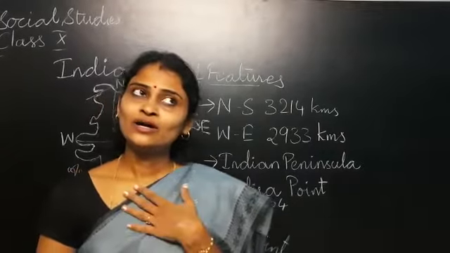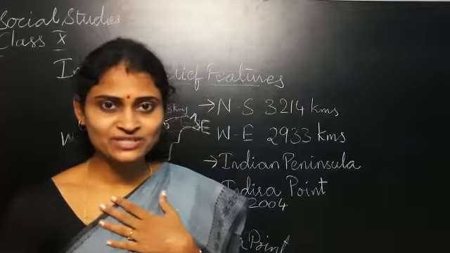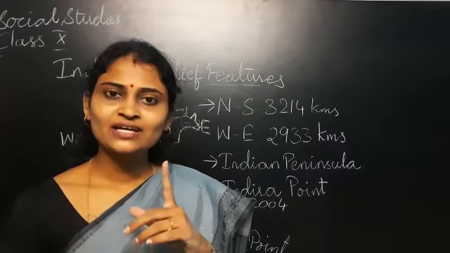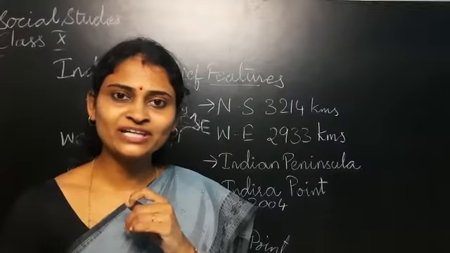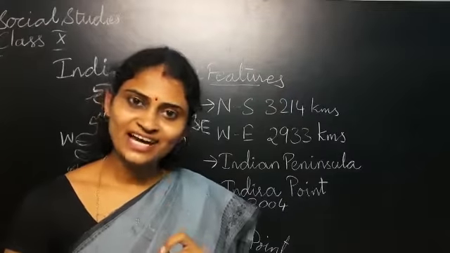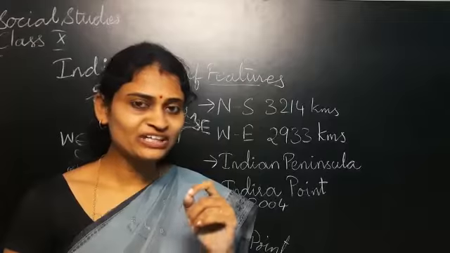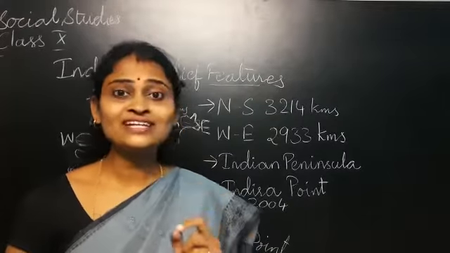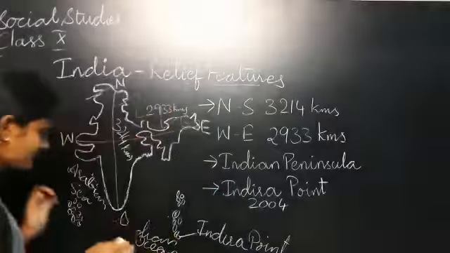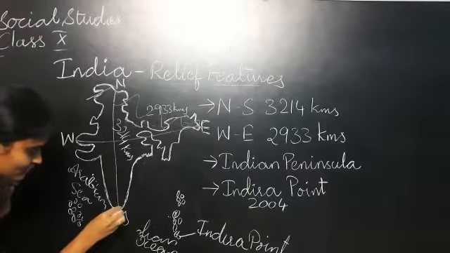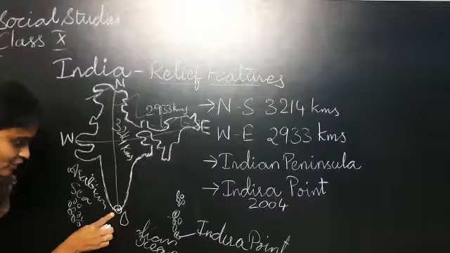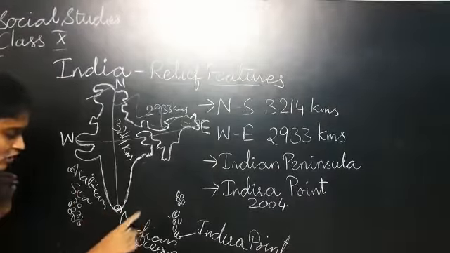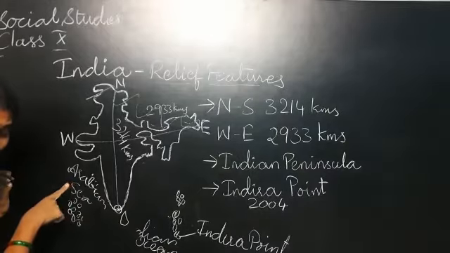Children, coming to me, I would like to visit. First you answer my question. What is the southern tip of India? Yes, Kanyakumari. The southern tip of India is Kanyakumari. Kanyakumari stands on three seas: Bay of Bengal, Indian Ocean, Arabian Sea.